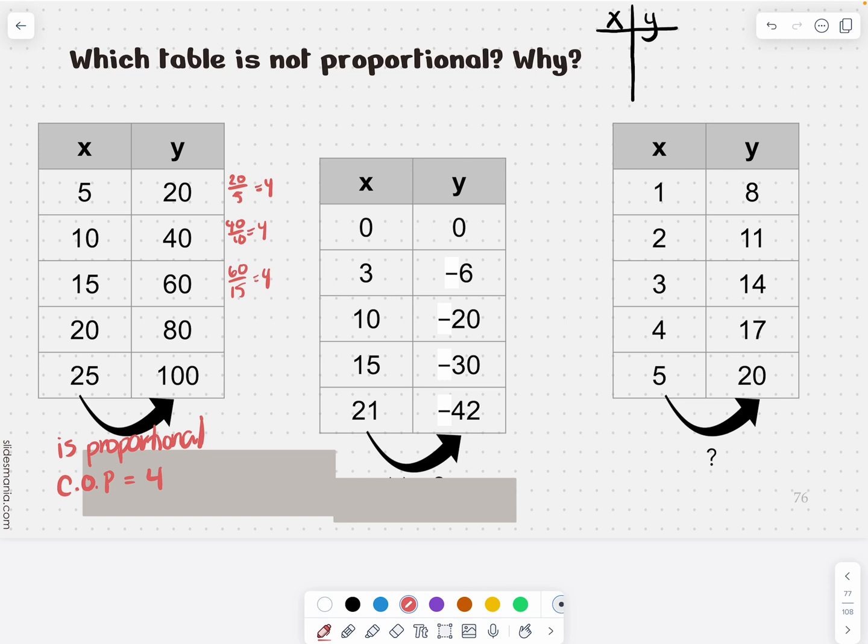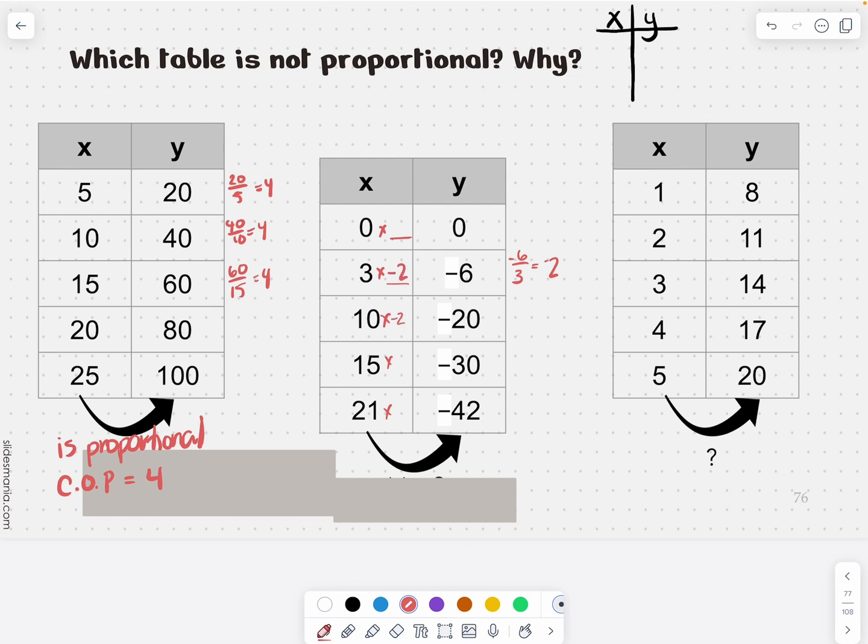Okay. Can I multiply every one of these x numbers by the same number to get the y value? Well, 0 is a harder one to look at because 0 times anything is going to be 0. 3 times what is negative 6? Well, you could do negative 6 divided by 3, and you'll see it's negative 2.